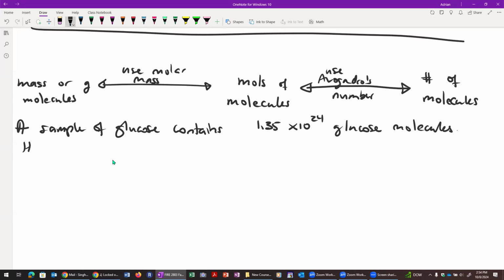We want to determine two things. How many moles of glucose are present? And secondly, what would be the mass of the sample?